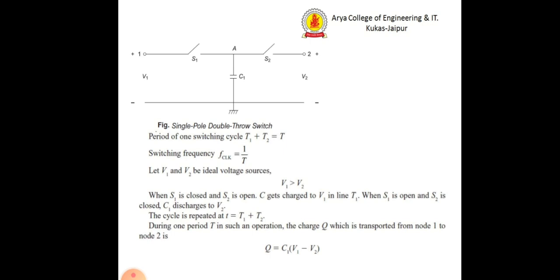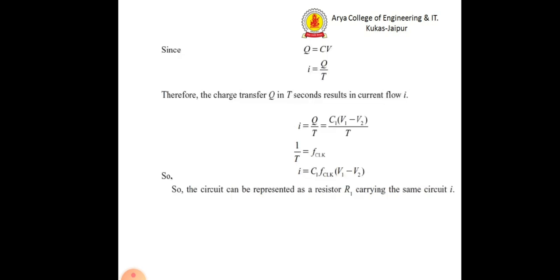The cycle is repeated at the same time duration T, which equals T1 plus T2. Hence, we can write the equation of the charge inside the capacitor, and accordingly the equation of the current.